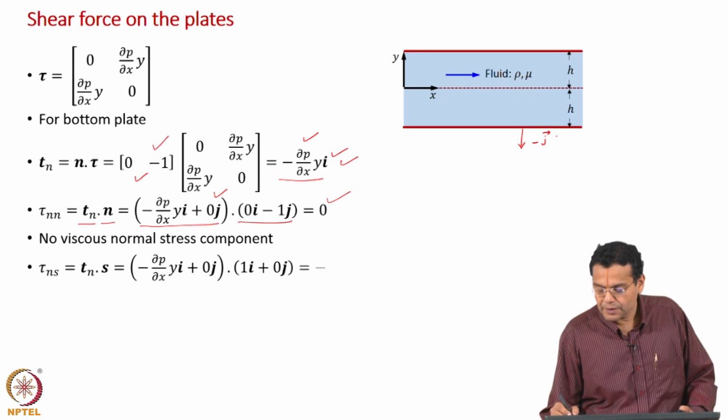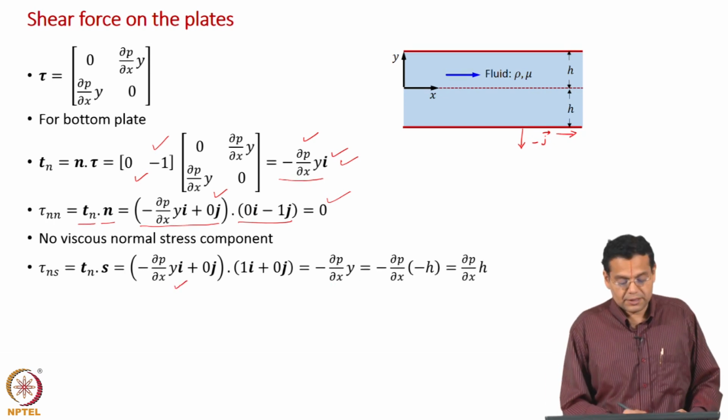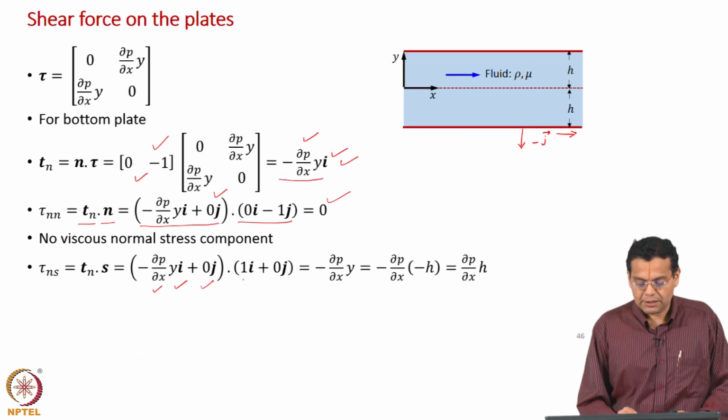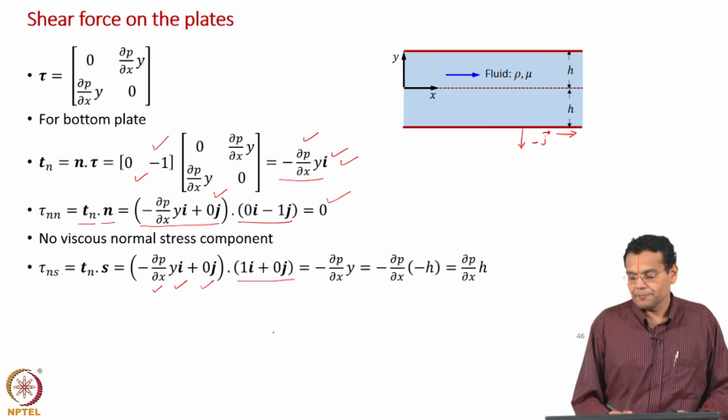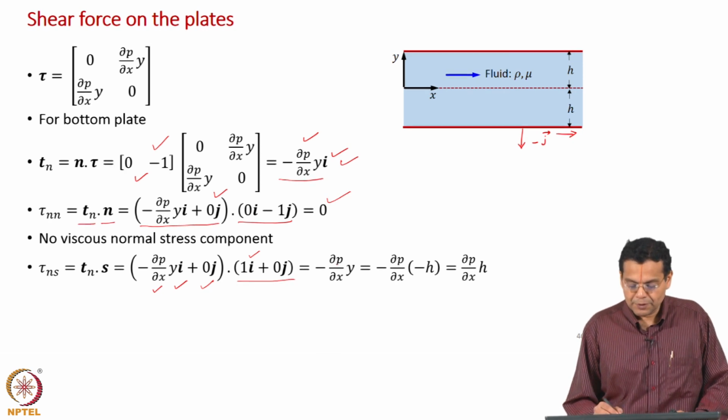Now, the tangential direction is along the positive x axis. This is the stress vector, with component along the x direction only and no component along the y direction, dotted with the tangential direction, and that vector is along the positive x axis, hence 1 i plus 0 j. If you take a dot product of these two vectors, you get minus dou p by dou x y.